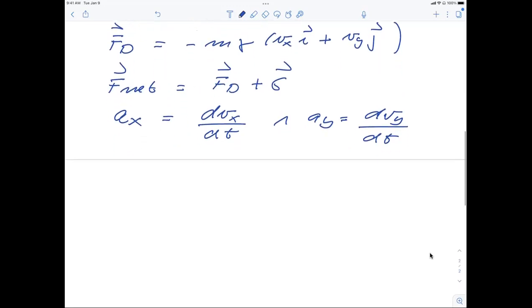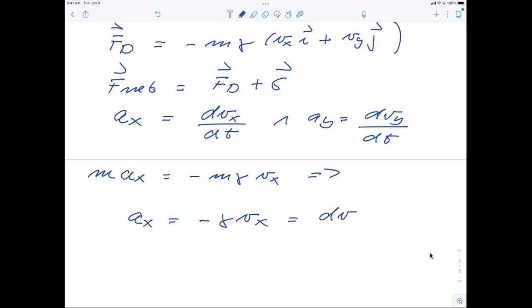If I now look at my expressions here, the acceleration in the x direction, looking at the expression we have for the force, is given by minus m times gamma multiplied with v_x, and this is divided by m. So if I cancel m here, that means that my acceleration is simply given by a_x equal to minus gamma times v_x, and this is equal to dv_x/dt.